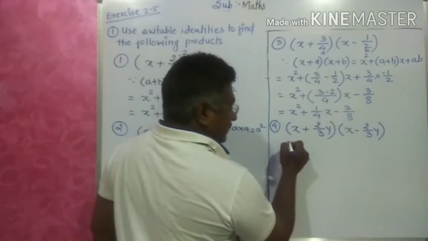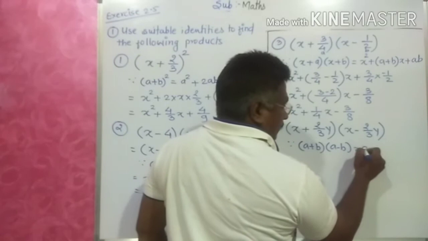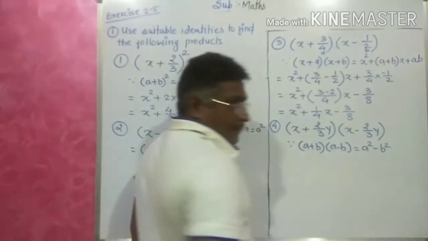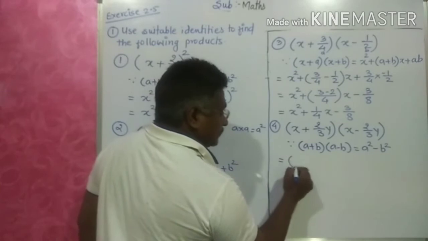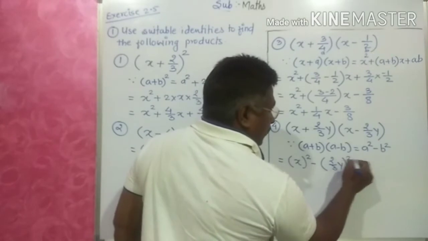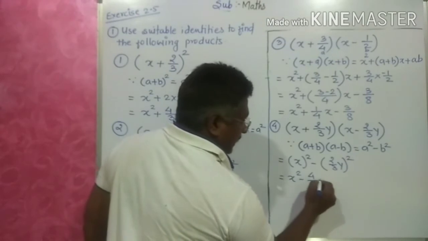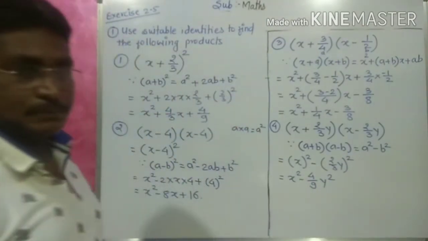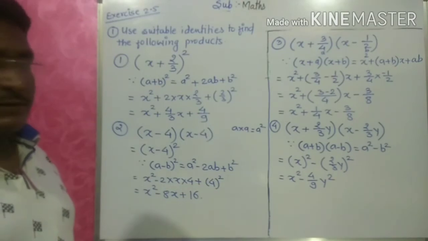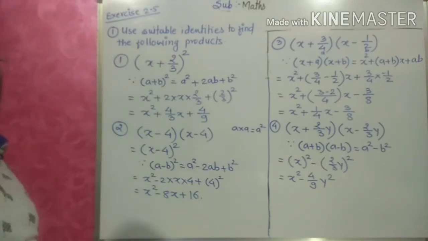Which identity is there? (a plus b) into (a minus b) equals a square minus b square. So here we have to use x square minus (2 by 3 y) whole square. So what is it? x square minus 4 by 9 y square. Okay students, that is how to use the identity and find the products. Hope you understand this. So we will go on to the next.